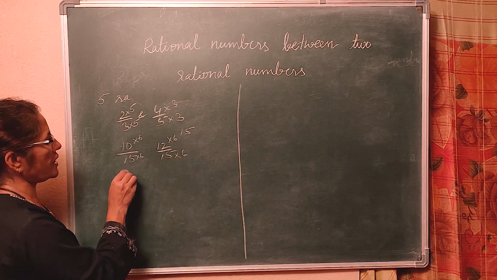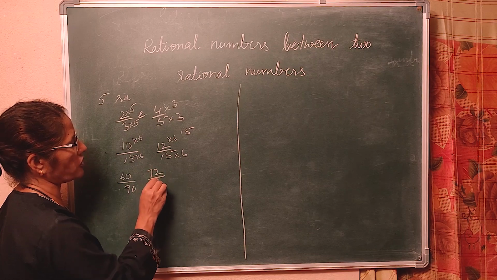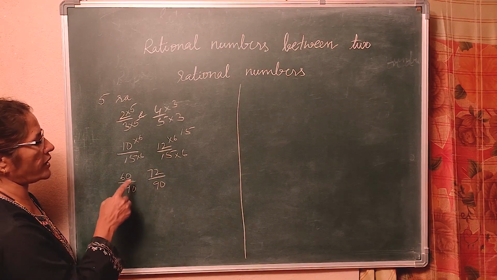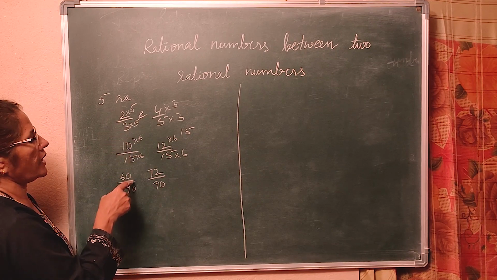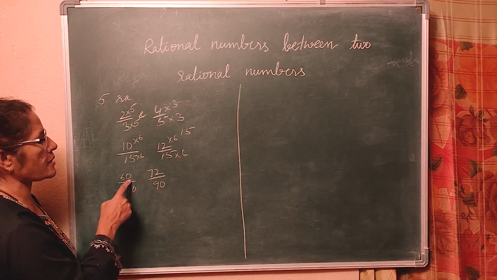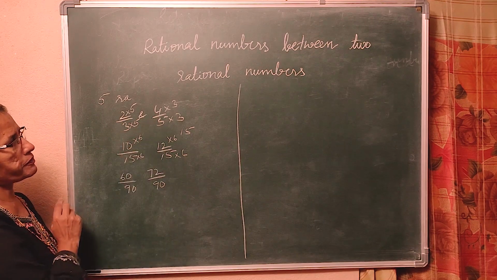So you get 60 by 90 and 72 by 90. So 61 by 90, 62 by 90, whatever numbers are there in between, they are the rational numbers between 60 by 90 and 72 by 90. From where did we get 60 by 90 and 72 by 90? 2 by 3 and 4 by 5.